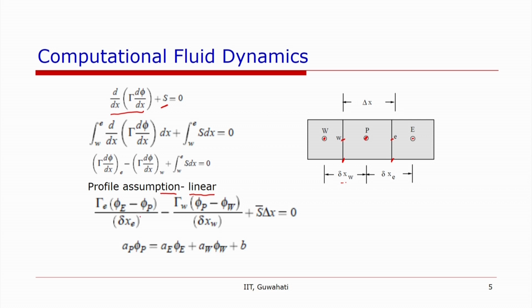So when we collect these terms together, all the coefficients of phi P have been written as aP, all the coefficients of phi E as aE, all the coefficients of phi W as aW, and all the constant terms have been collected in B. So what we have been able to do is convert a differential equation to an algebraic equation.